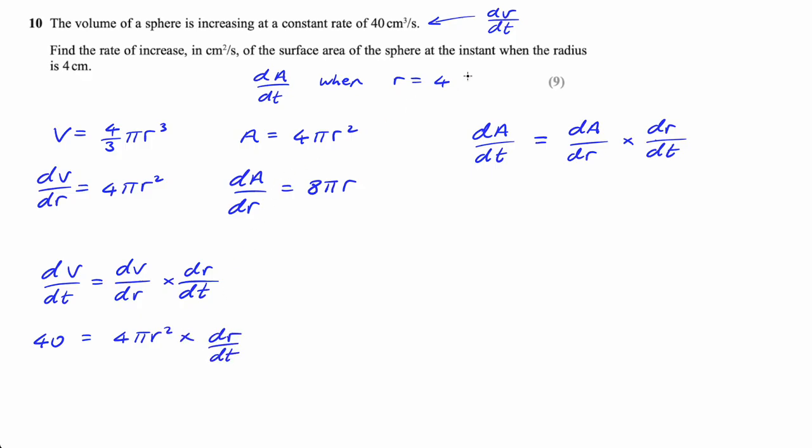Now we're trying to get this whole thing when r equals 4. Okay, so this is when r equals 4. Let's do this, dr/dt is therefore equal to, I'll divide by 4, guys.